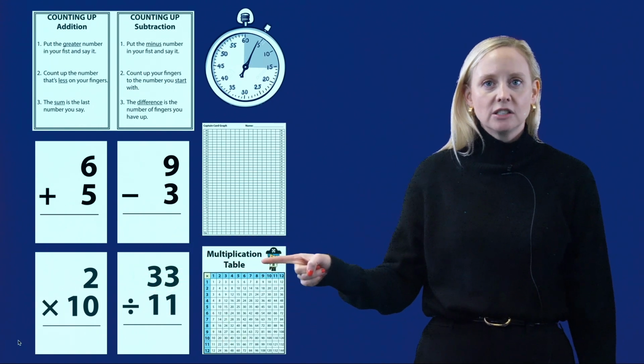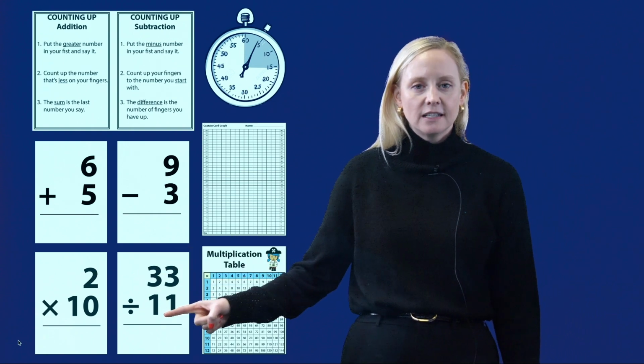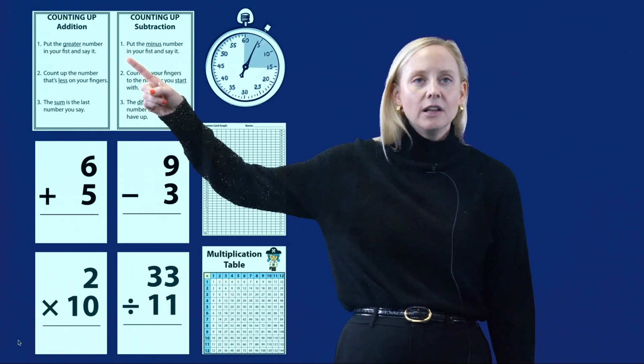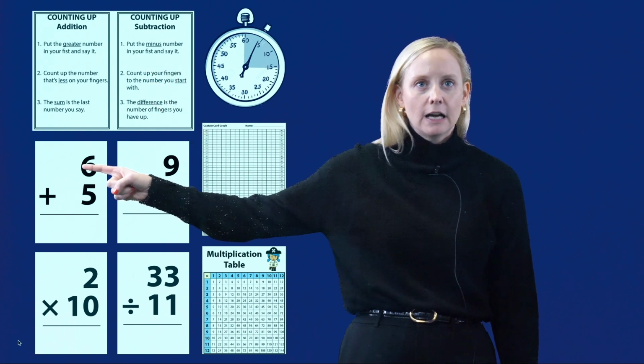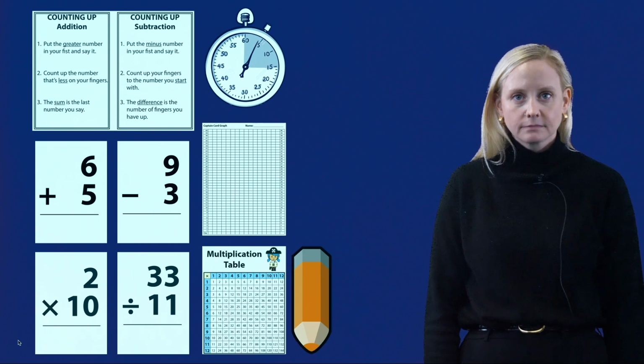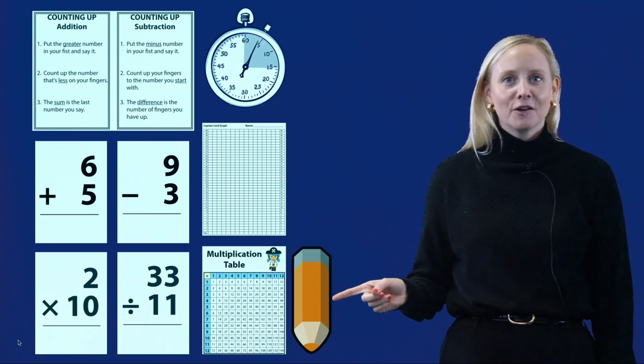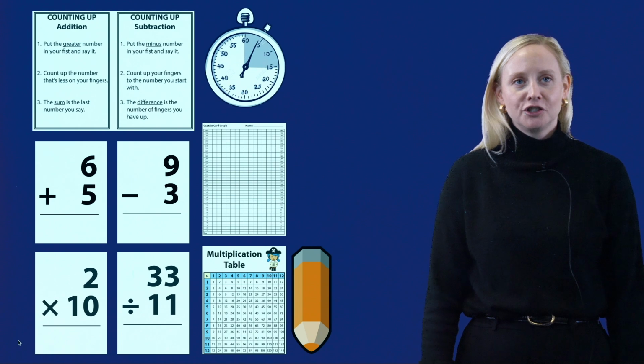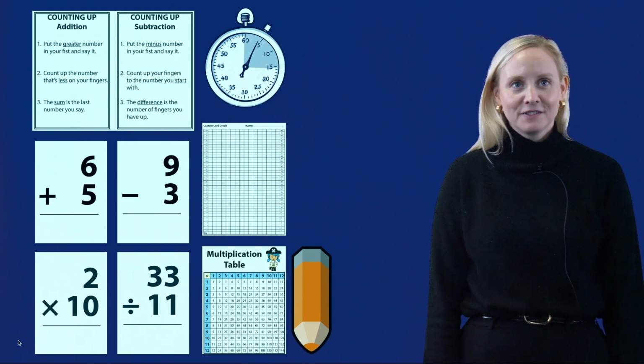The multiplication table is helpful for the multiplication and division facts, and the counting up poster is helpful when students are working through addition and subtraction facts. Also, students will need a colored pencil in order to shade on their captain card graph.